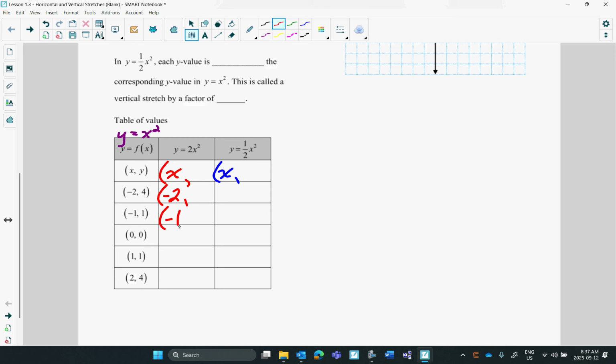This is still going to be -1 for x, but y is going to change, etc. And the same if I stretch it by 1/2. Stays the same, and so on.